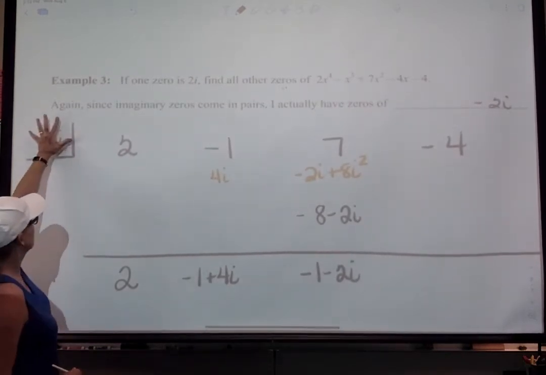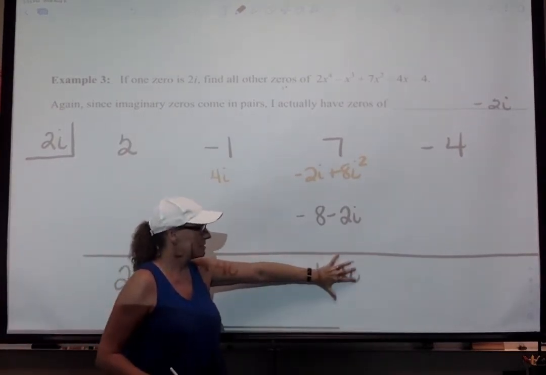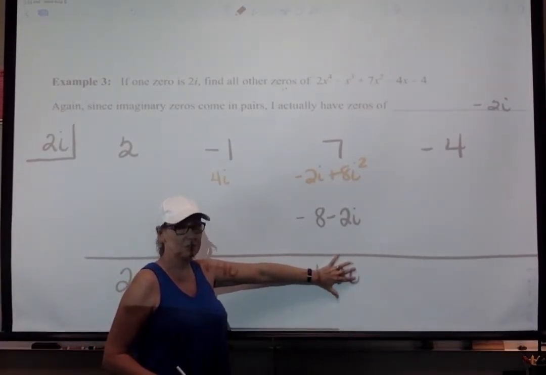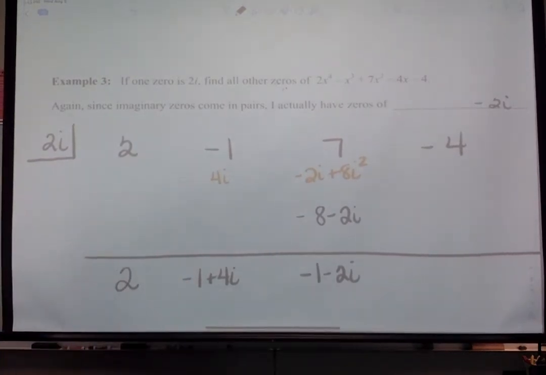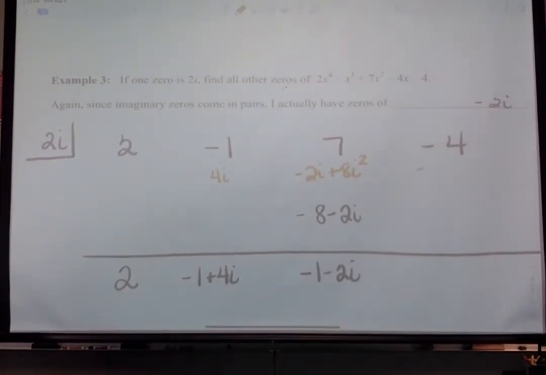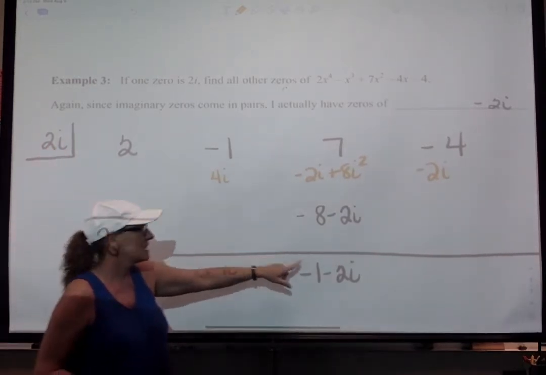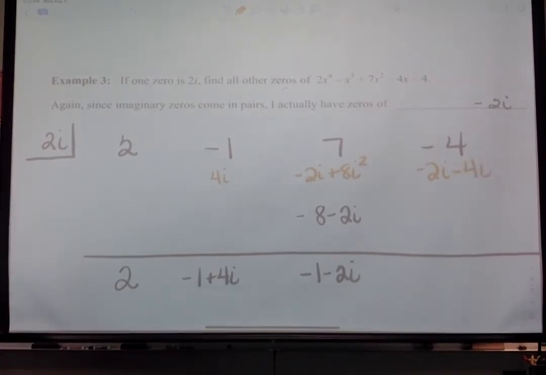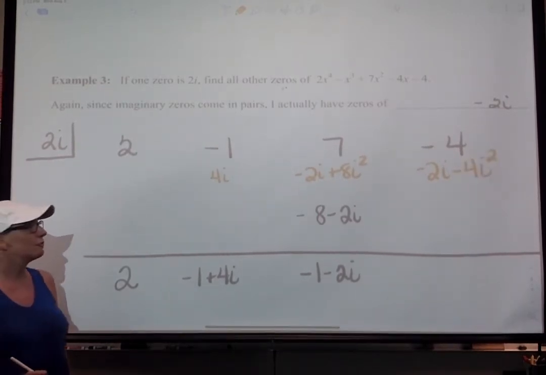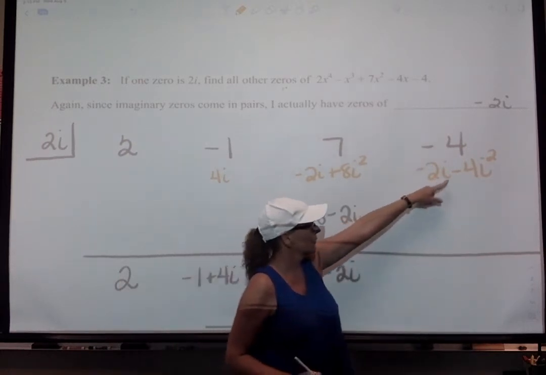Multiply. This times this, yes, you're going to have to distribute. So 2i times negative 1 and 2i times negative 2i. I got negative 4i squared.